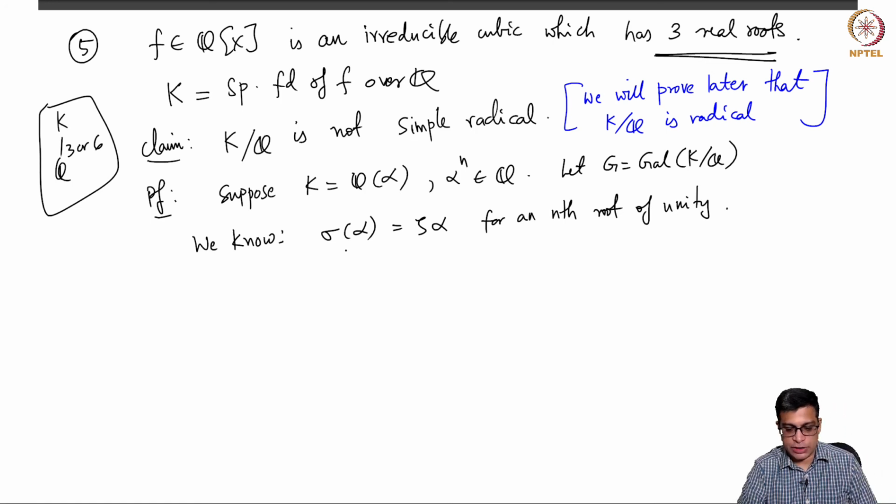This is clear because alpha to the power n is in Q, so alpha is an nth root of that element. Sigma alpha must also be an nth root of that element. That means the only possibilities are zeta alpha.